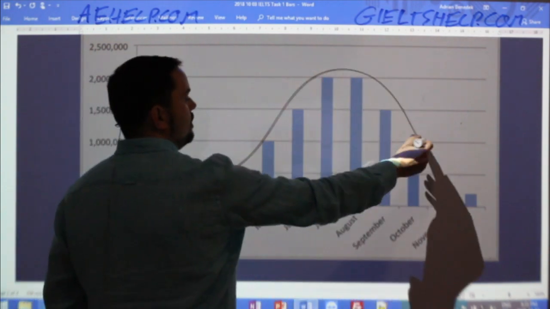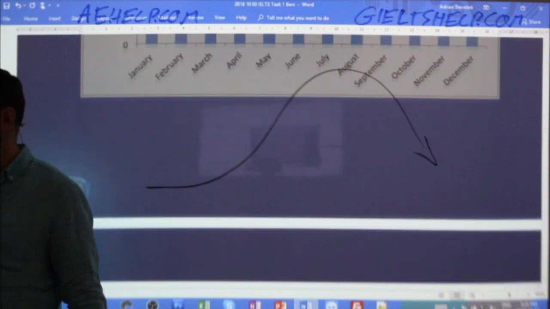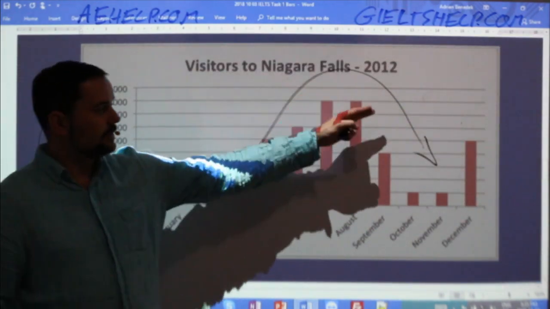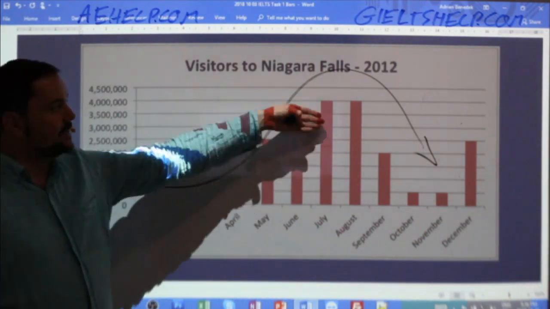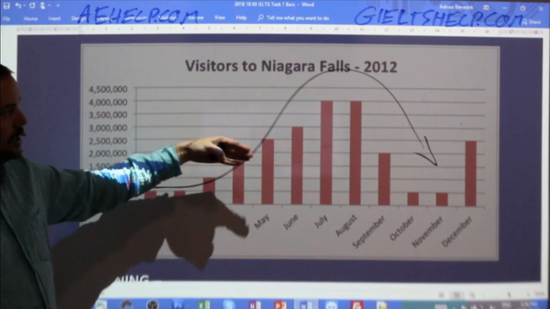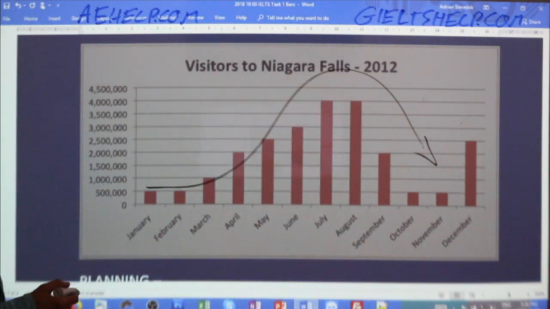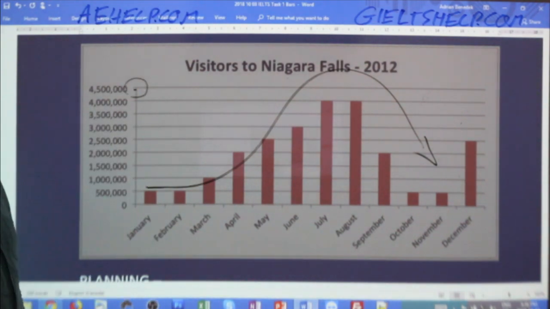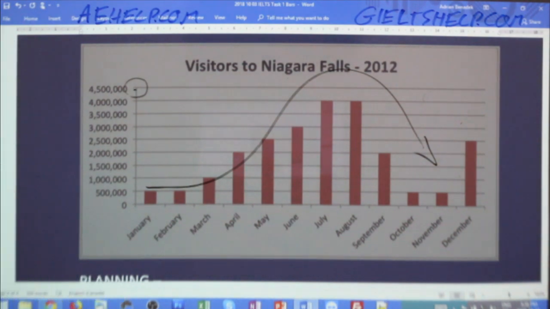So I would talk about this trend being very, very similar in both cities throughout the year. So the actual trend, we can see here, overlaid, is very, very similar. And that's the main similarity. So in summary, this trend is the main similarity. And in summary, the main difference is the sheer number of visitors, okay? So that's what I would mention there, okay?